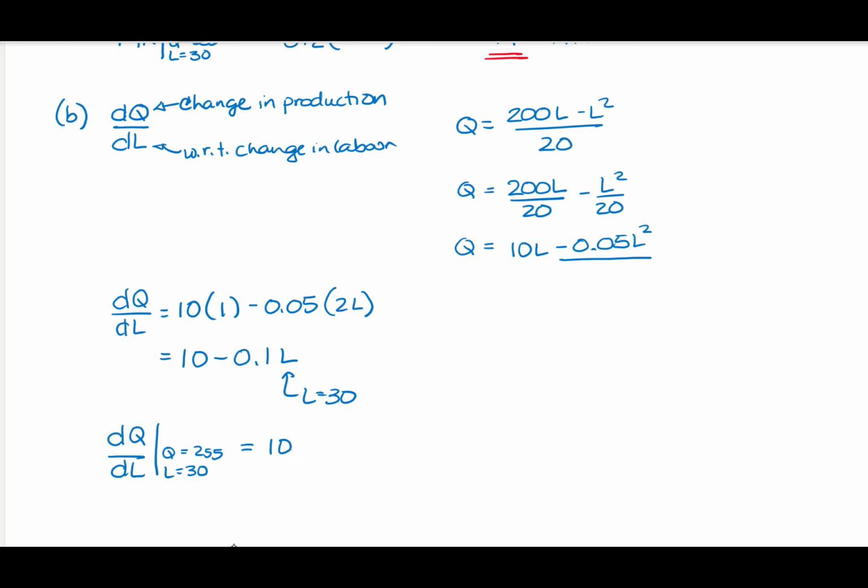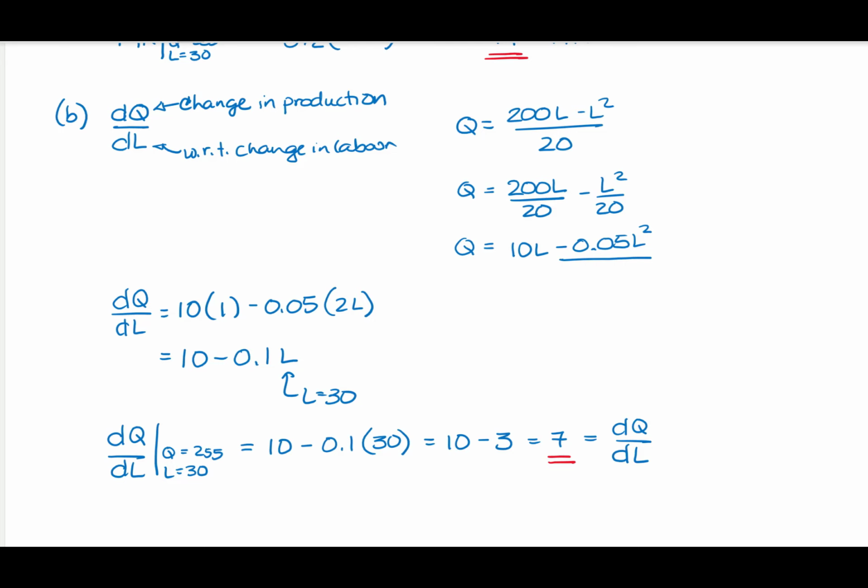It is going to be equal to 10 minus 0.1 times my L value of 30. This gives me 10 minus 3, or 7. So I have 7 as my derivative dQ by dL. Alternatively, we would say this as the rate of change in production for every unit increase in labor.